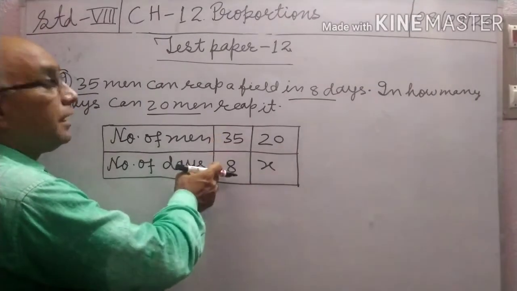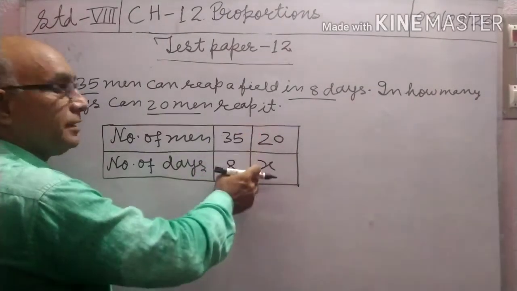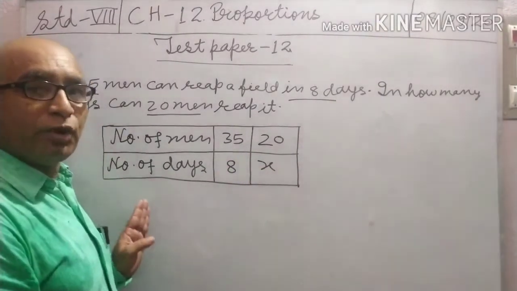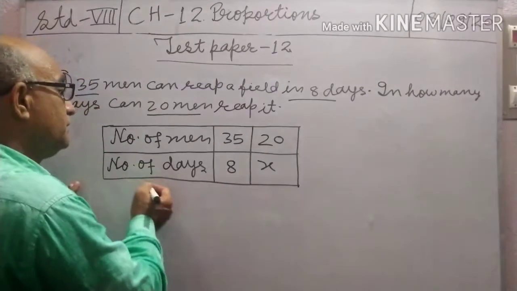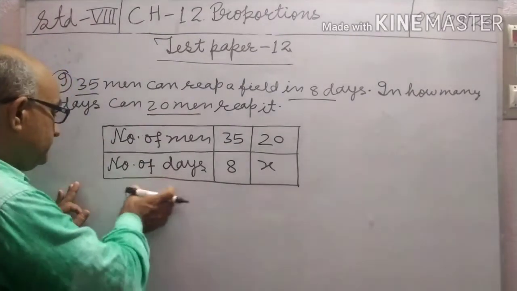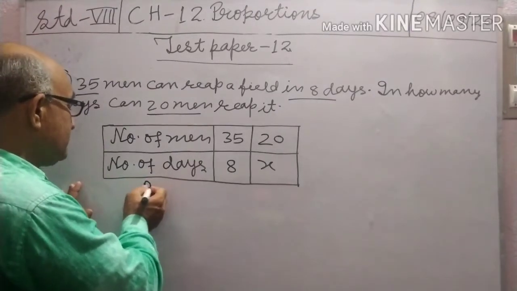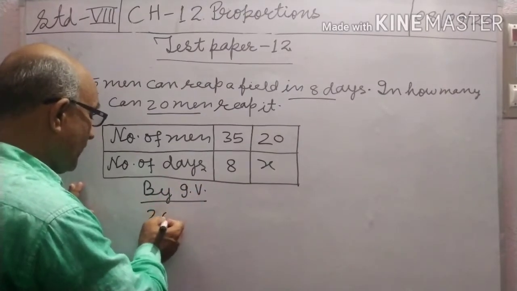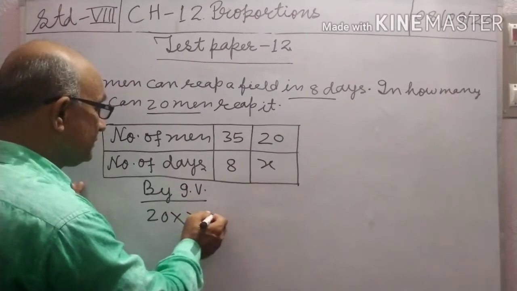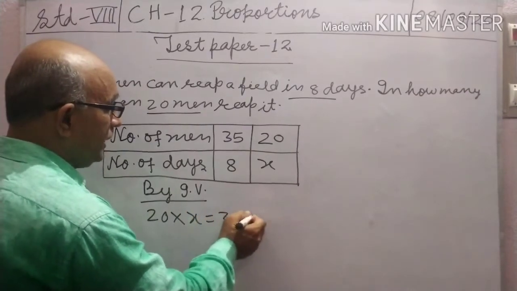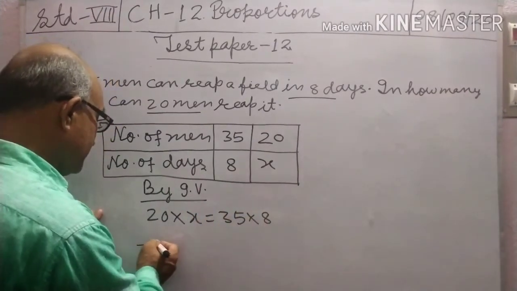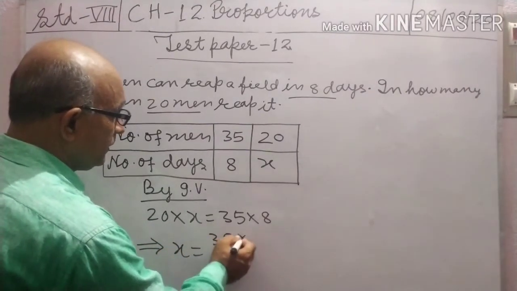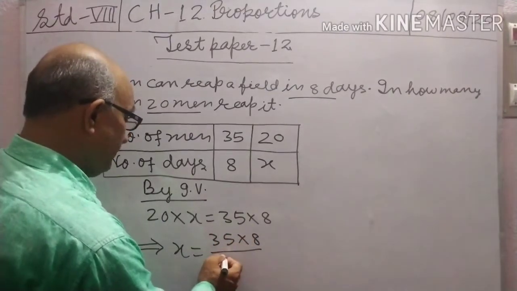Men increase, days decrease. Men decrease, days increase. It is inverse variation. In inverse variation, the product of two quantities is constant. So by inverse variation, 20 into x equal to 35 into 8. That implies x equal to 35 into 8 by 20.